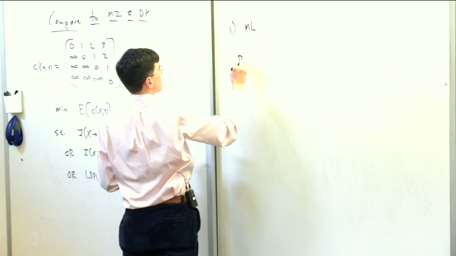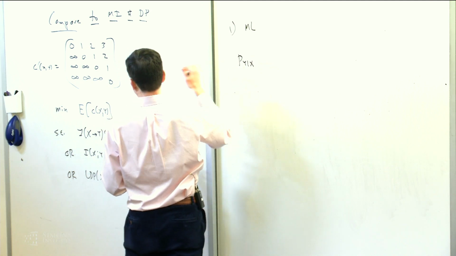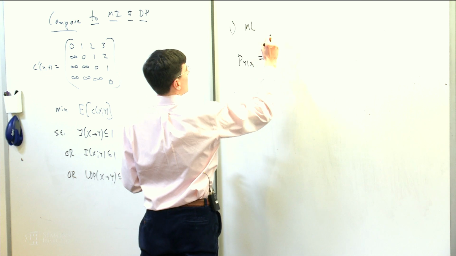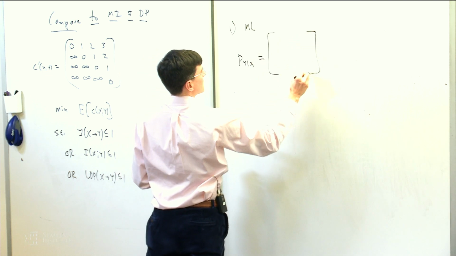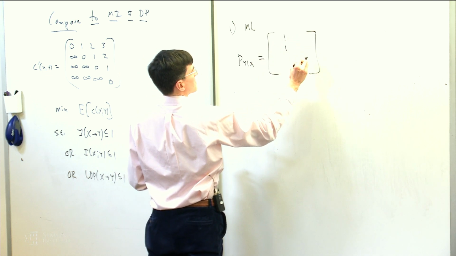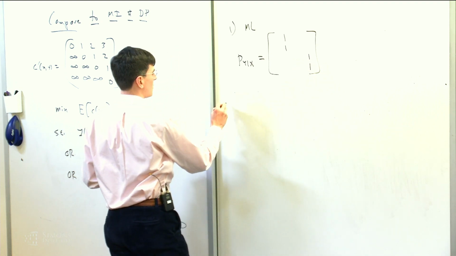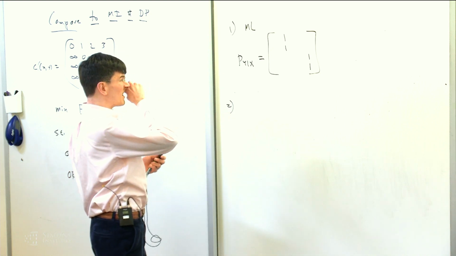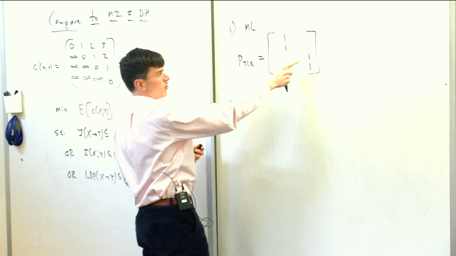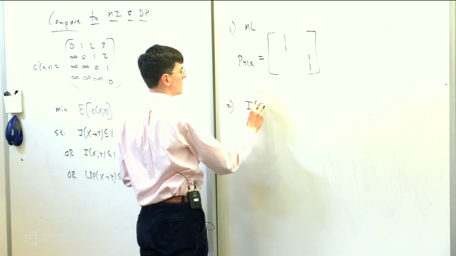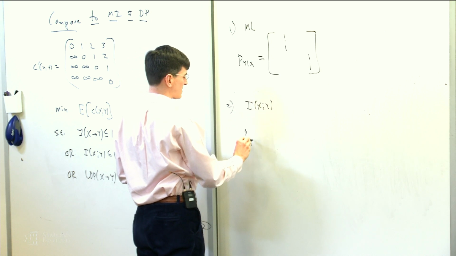Under maximal leakage, the optimal mechanism for this cost matrix and this leakage constraint is 4x4, and it's like that. Anything else is 0. That leaks log of 2 bits of information. We are randomizing p(y given x).